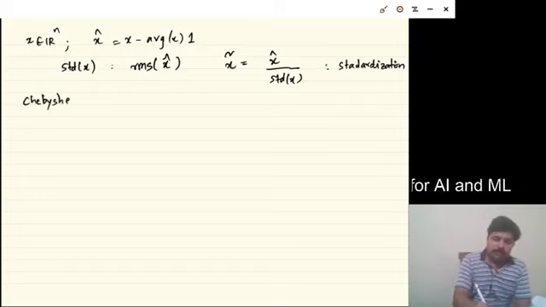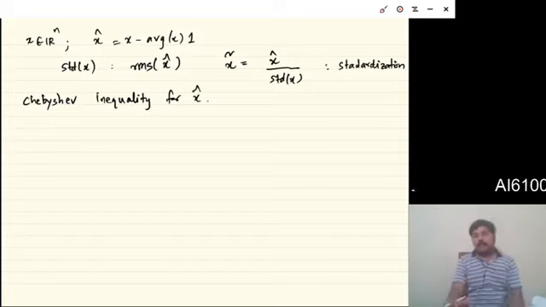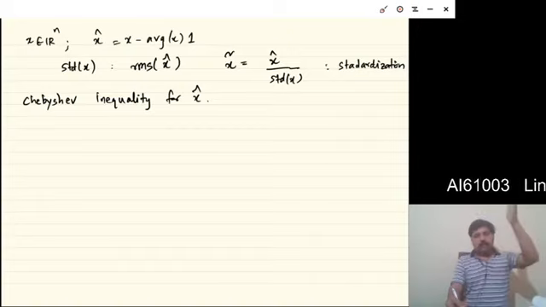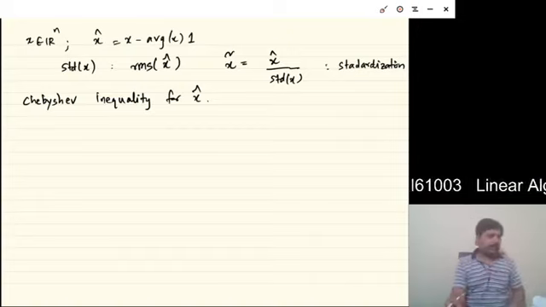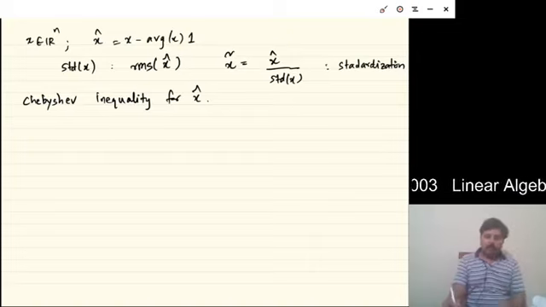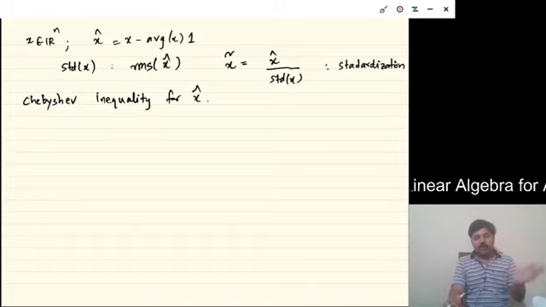Then we talked about the Chebyshev inequality for x hat, and that actually gave us some interesting insights into the data, the entries in vector x, if they are interpreted in data terms. We also found the relationship between the root mean square of x, the standard deviation of x, and the average of x.